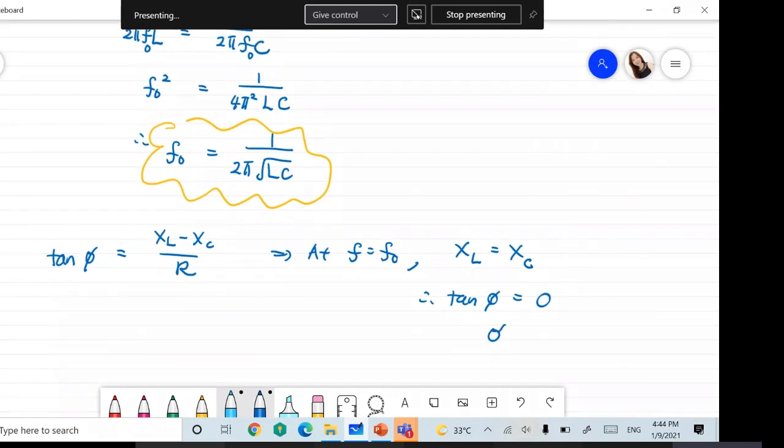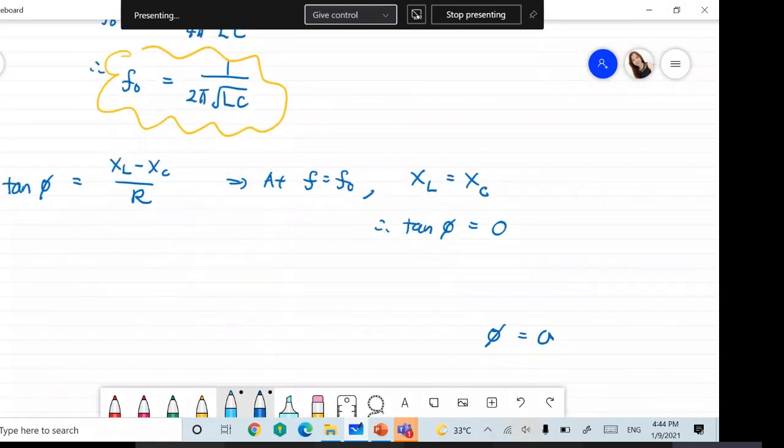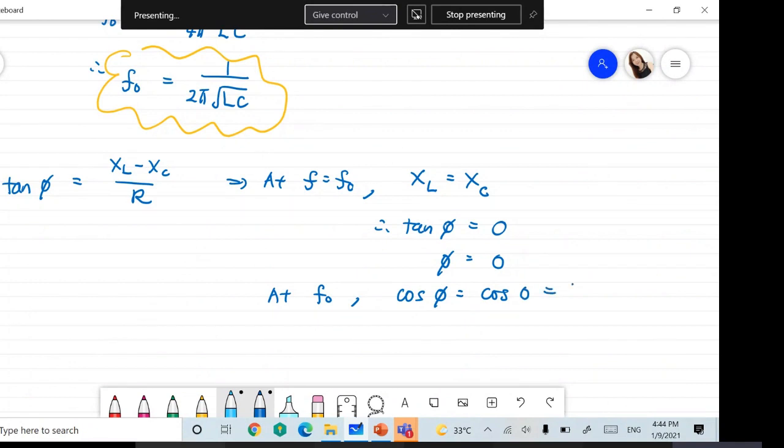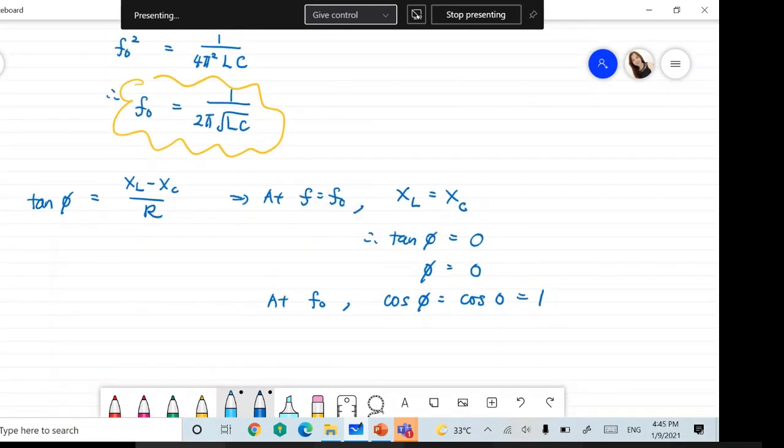Tangent phi is equal to 0 when phi is also equal to 0. At the resonant frequency, cos phi, which is cos 0, is equal to 1. So the power factor is always equal to 1 at the resonant frequency. That means at the resonant frequency, the power delivered to the circuit is the maximum.